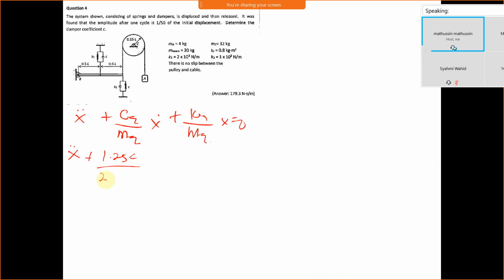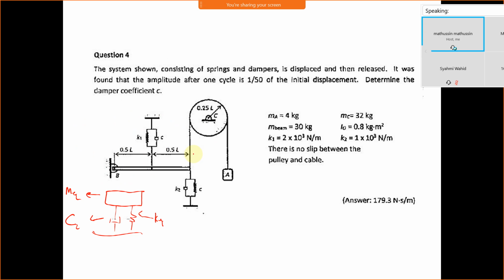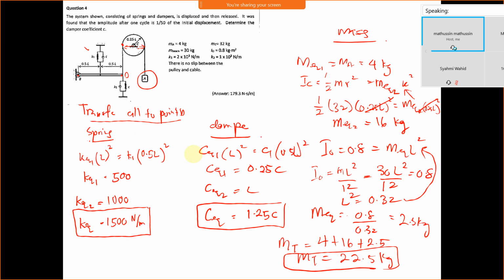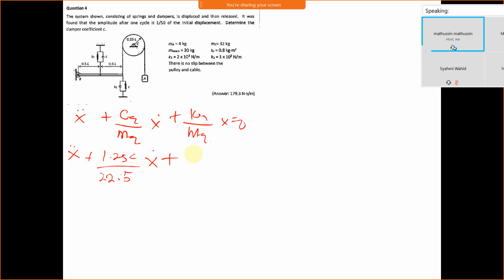x dot plus k equivalent 1500 divided by 22.5x equals to 0. Then compare with our equation of plus with 2 zeta omega n x dot plus omega n square x, isn't it?